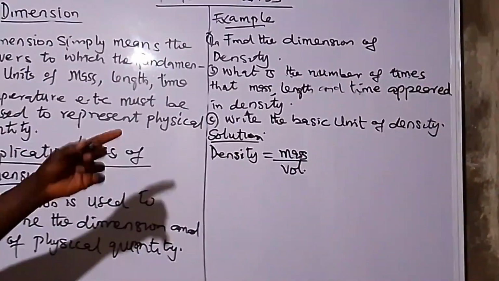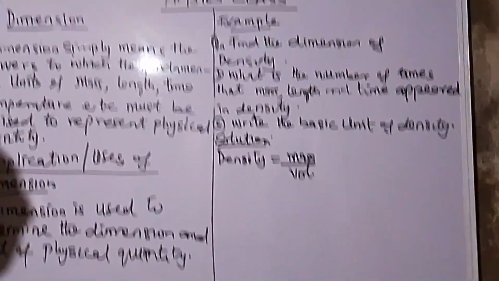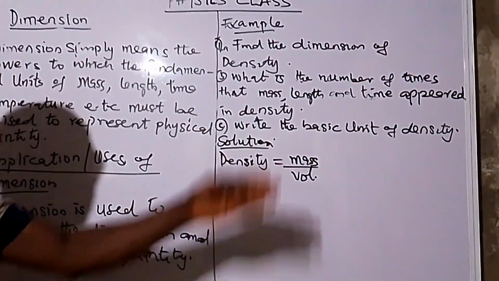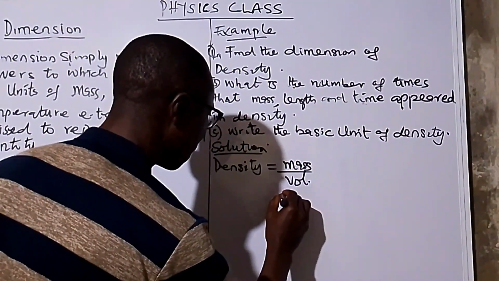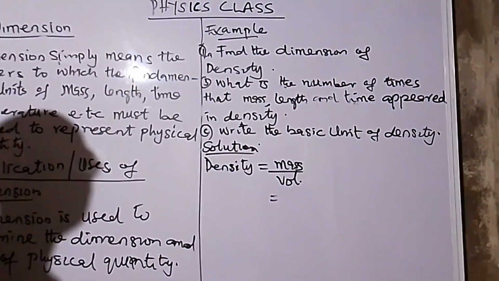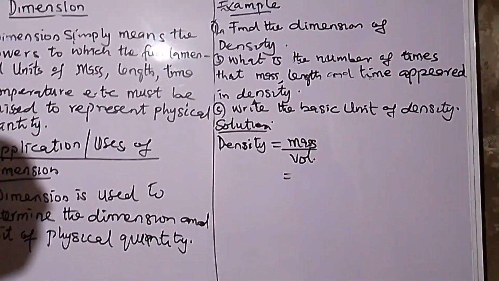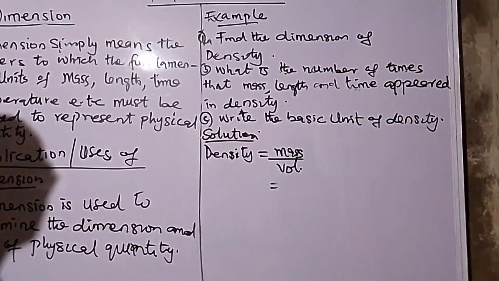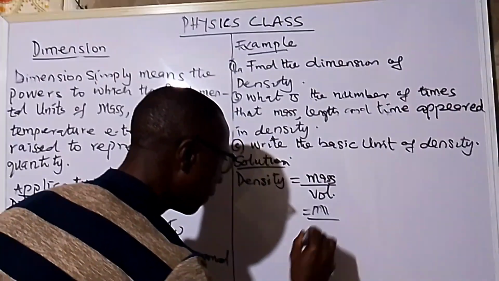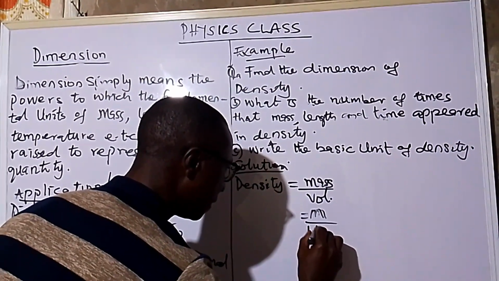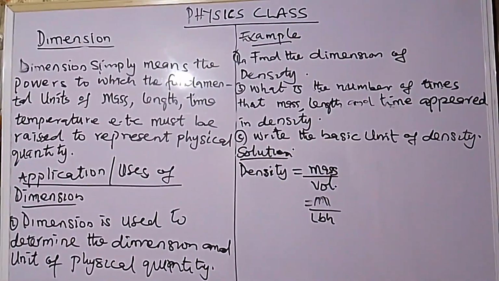Don't forget, this is a progressive lesson. We want to reduce this to the fundamental level. That will be m over length times breadth times height. That's the formula of volume.